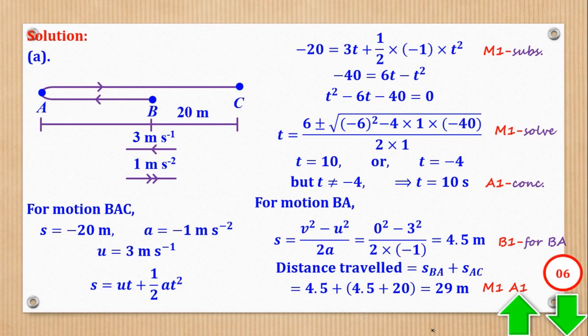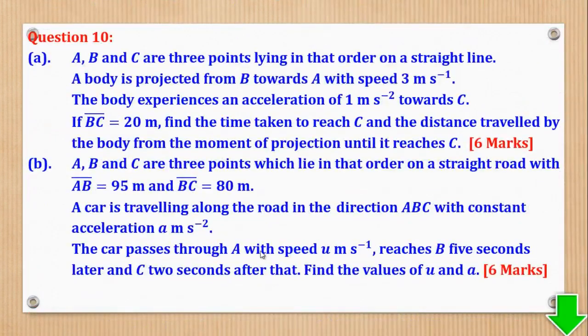Now let's go to part B. So part B says A, B, and C are 3 points which lie in that order on a straight road with AB equal to 95 meters and BC equal to 80 meters.